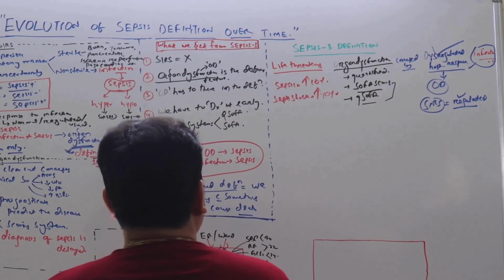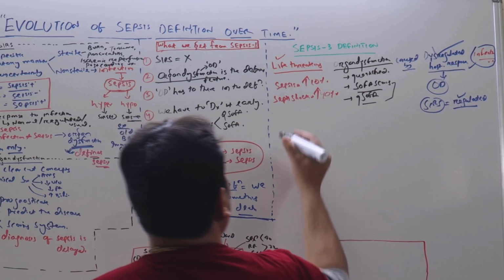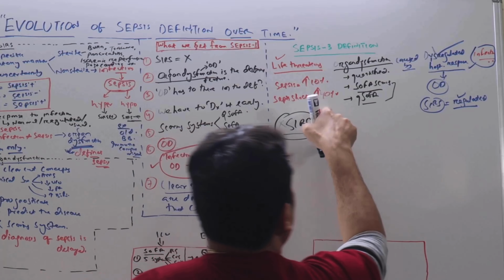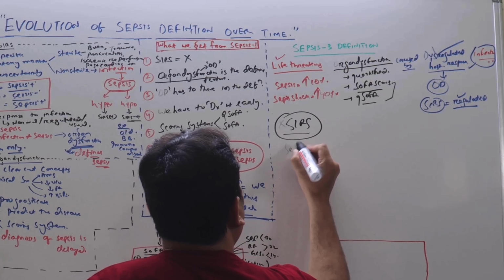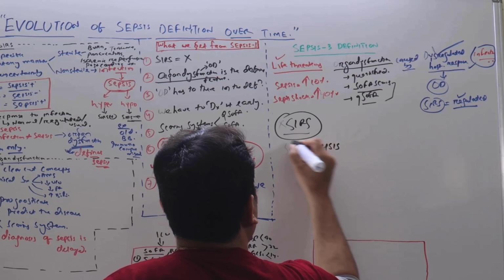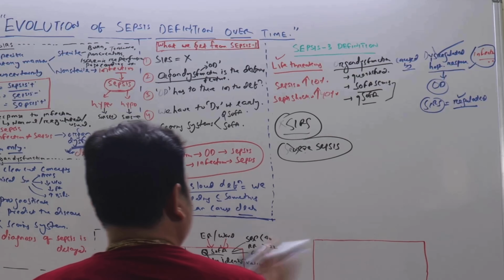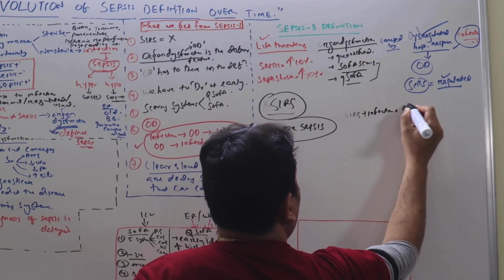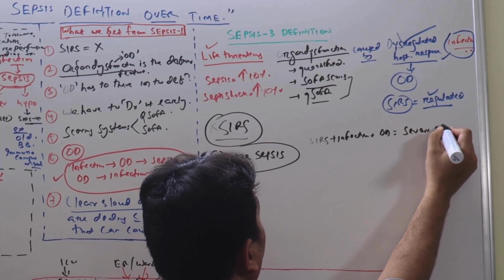So this is the new definition. Everything is there in the definition. The nature of the definition is such that it immediately disregards SIRS. Plus, sepsis by definition is severe and life-threatening, so there is no concept of severe sepsis. This is also abandoned. In the Sepsis-1 definition, SIRS plus infection was classified as sepsis, and organ dysfunction was classified as severe sepsis.